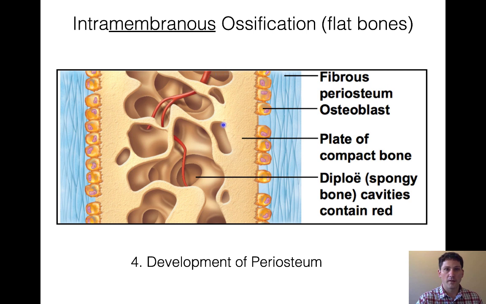We'll have some endosteum on the inside that has osteoclasts that's helping to remodel that bone a little bit and help form those trabeculae. And these osteoblasts are going to continue to put down bone to make this thicker and more sturdy. Again, this is where our red marrow is going to start to form so that we can have red blood cell formation and white blood cell formation.